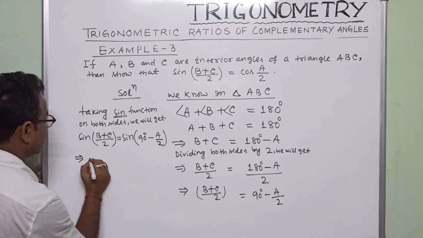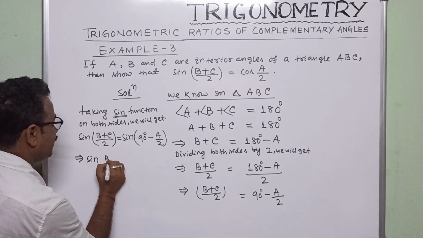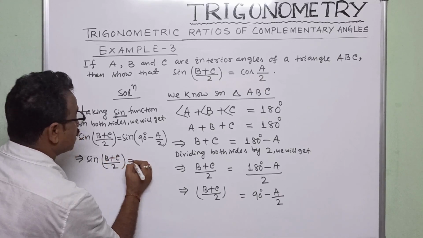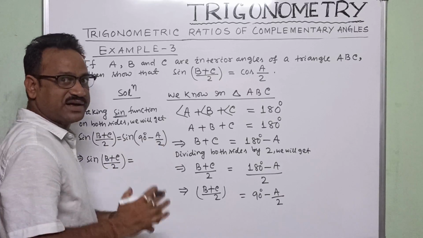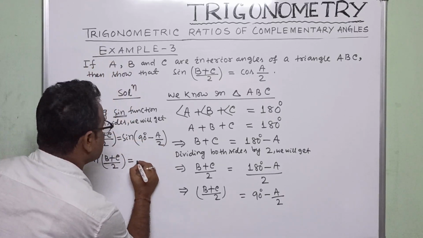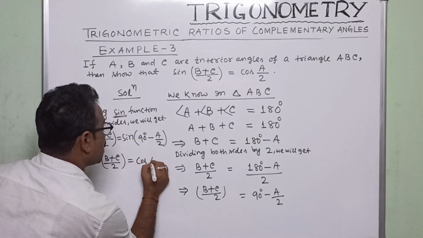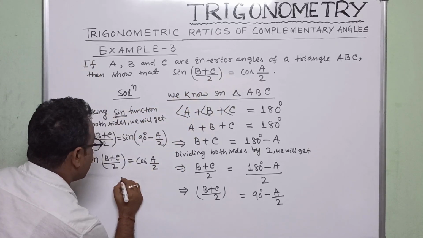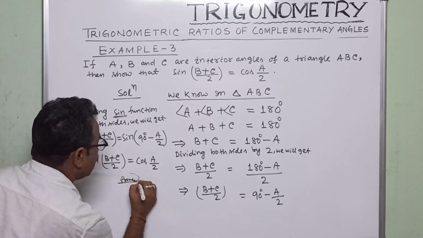That implies sine of B plus C by 2 is equal to, since sine 90 minus theta is cos theta, cos A by 2. The required solution is proved.